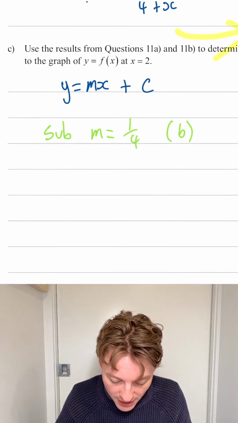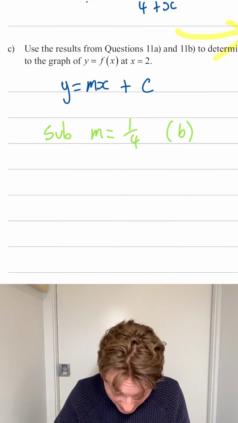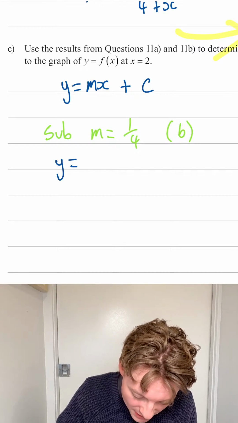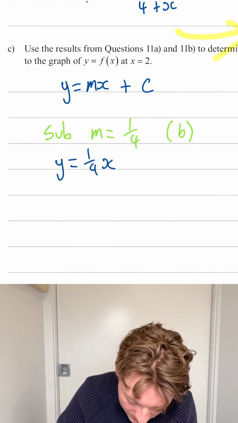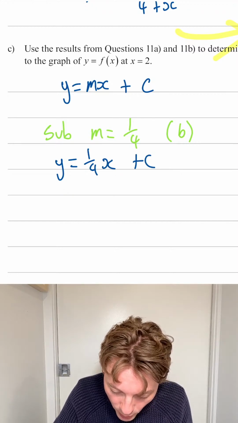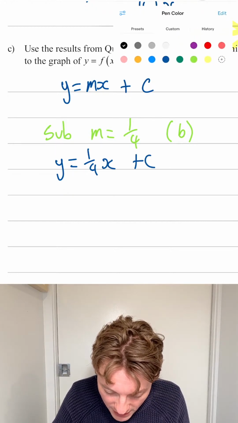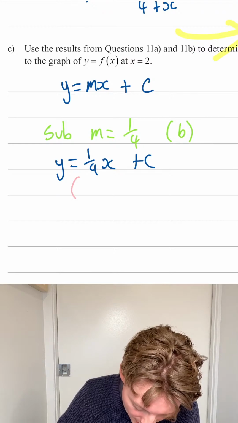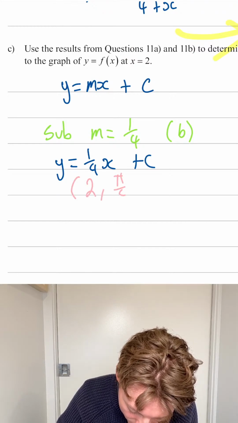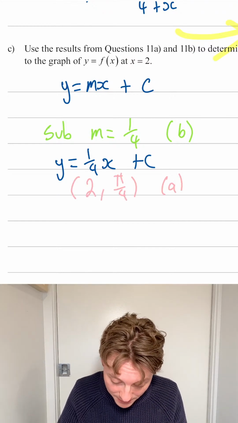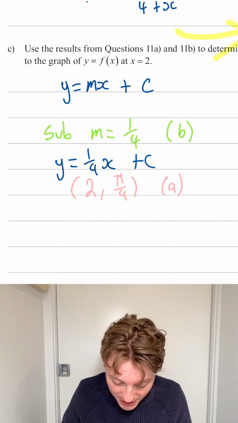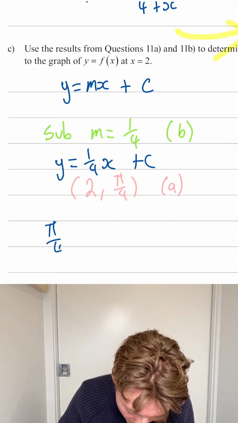So once I've got my gradient, I now go on to substituting that number in. That gives me y equals m, which is 1/4, so 1/4 x plus c. I know my coordinate point I found from before. I'm going to use, pink's probably the best color in the world, right? I'm going to use 2 comma pi on 4. That is the coordinate point I found in part A. If I substitute that in, pi on 4 is going to go in place of my y.